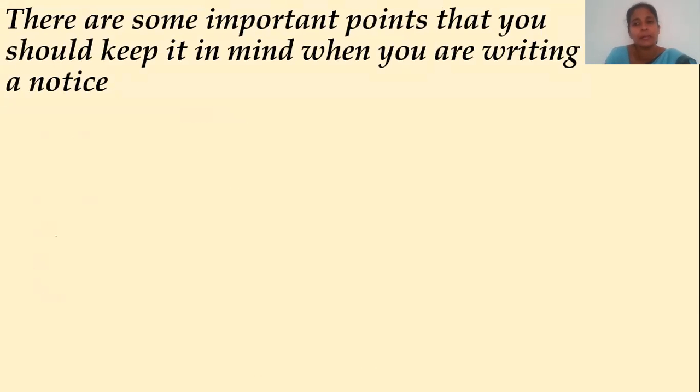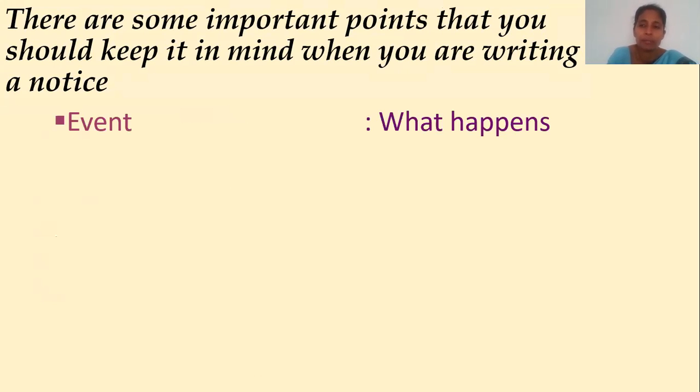And the next point is, children, like in notes, there were some important points you have to keep in mind, and in this also there are some important points you have to keep in mind. We'll see what they are.